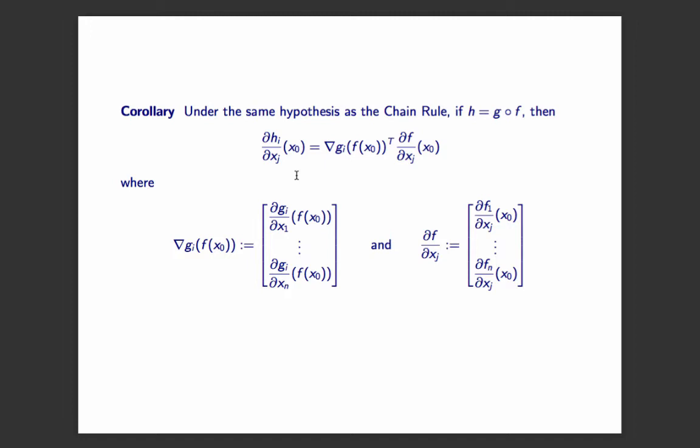And so that entry is going to be a row of the derivative matrix of g times a column of the derivative matrix of f. And that's exactly what I have. This represents a column of the derivative matrix of f, and the transpose of this is a row of the derivative matrix of g. And that's how we get this formula.